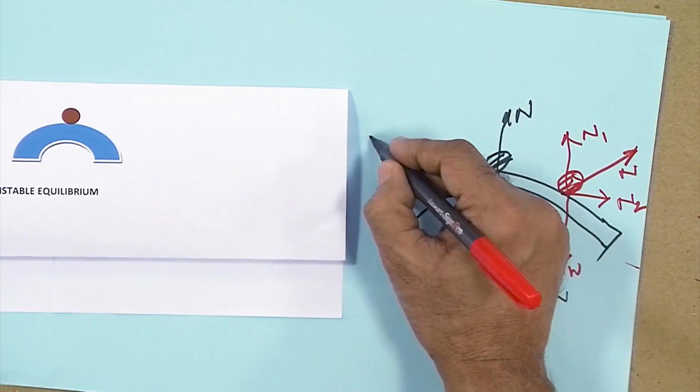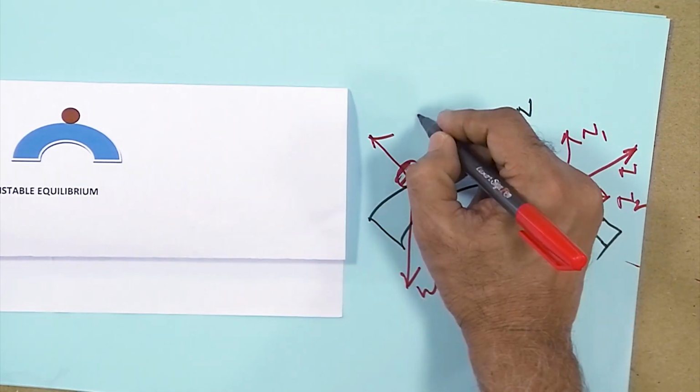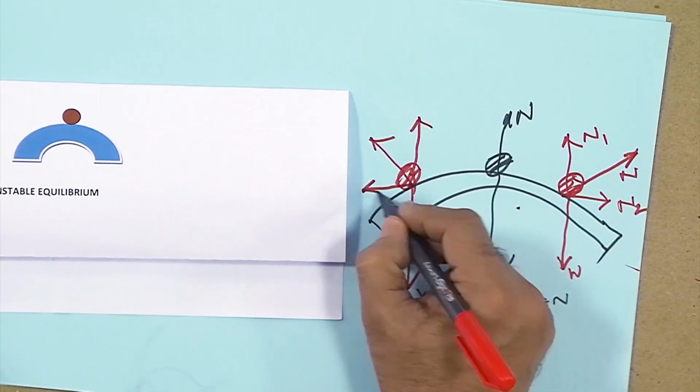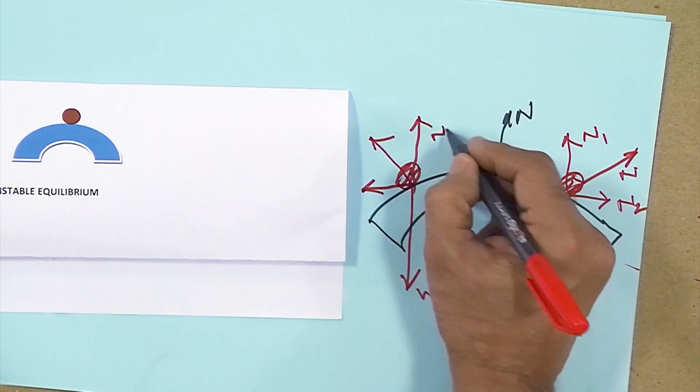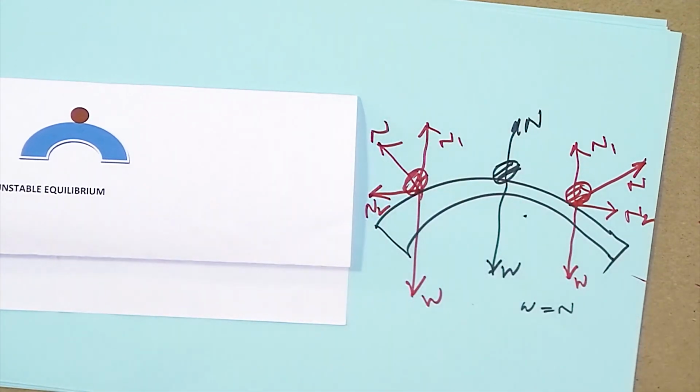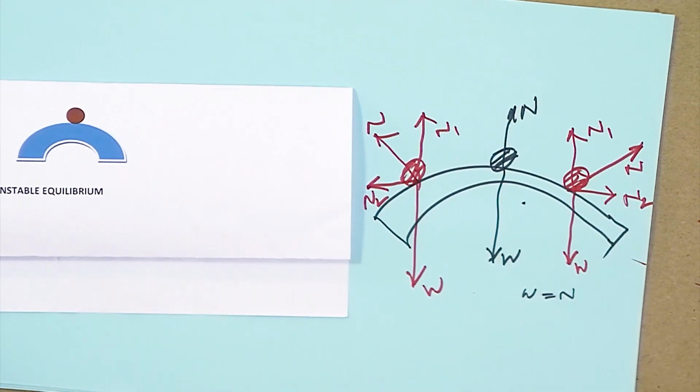The normal reaction is like this, and once again two components N1 and N2 will come, and the vertical component will balance the weight, while the horizontal component will take it away from the equilibrium position.